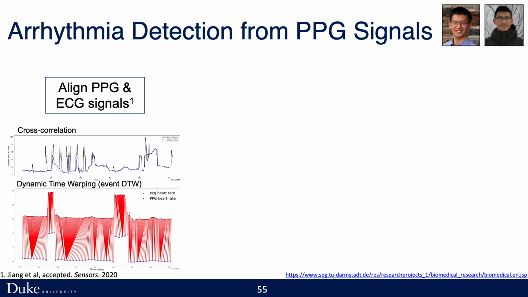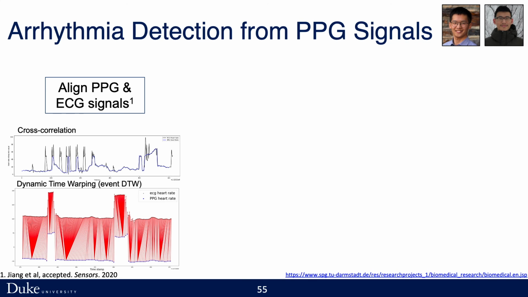Some of the tricky things with wearables and with biometrics in general is that there can be signal drift. If we have two signals that are measuring the same phenomenon at the same time, over time we can actually get changes in that time signal. So even if the signals align in some points, they may not align in others.